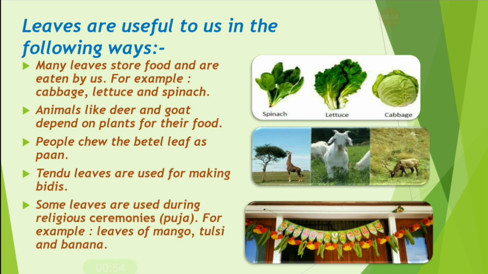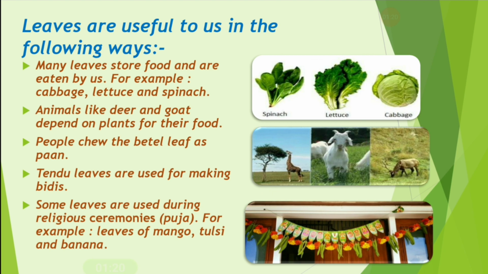So let's start. Leaves are useful for us in the following ways. Many leaves store food and are eaten by us, for example, cabbage, lettuce, and spinach. Animals like deer and goat depend on plants for their food.